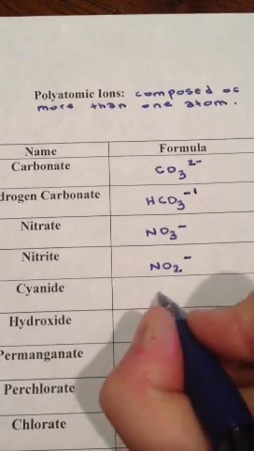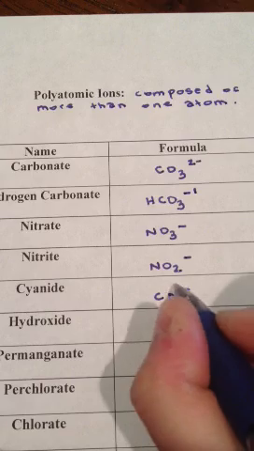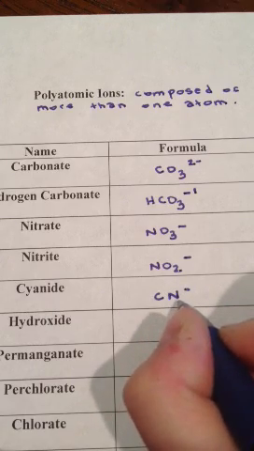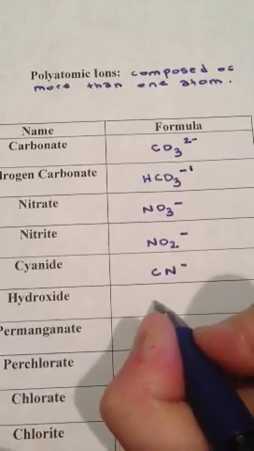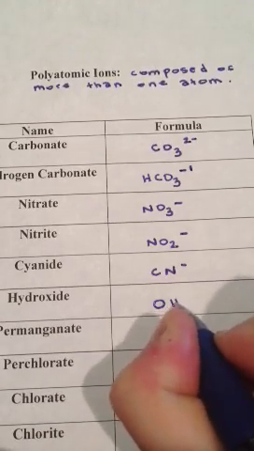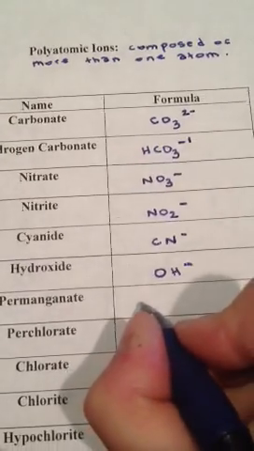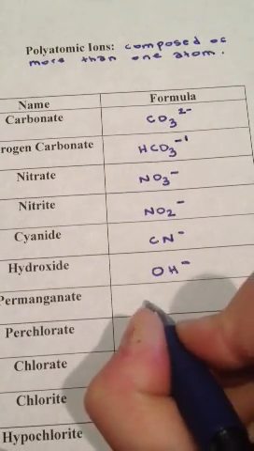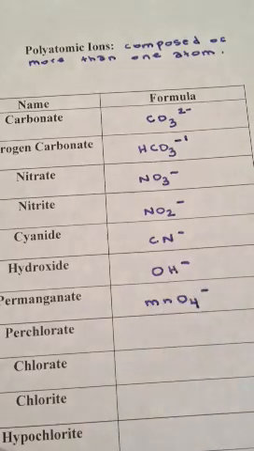Cyanide is CN with a minus charge, so it's considered one ion altogether, even though they're 2 different atoms. Okay? Hydroxide is OH minus. All right. Permanganate is kind of funky. It's MnO4 with a minus charge.